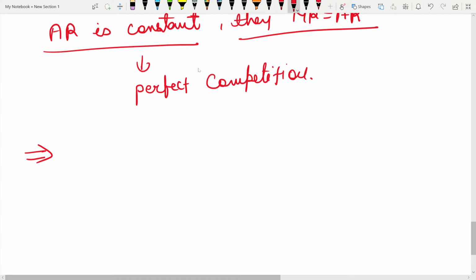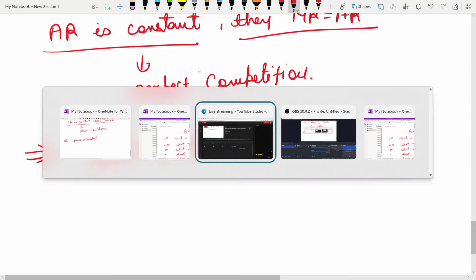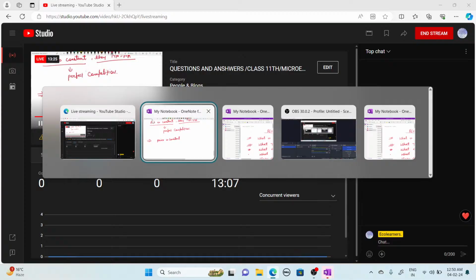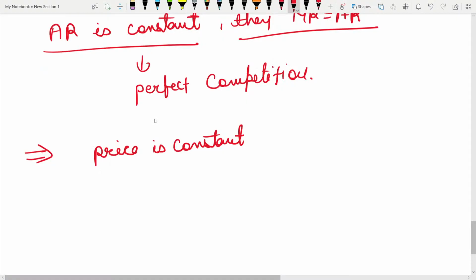So in case price is constant, AR is also constant, so P is equal to AR.